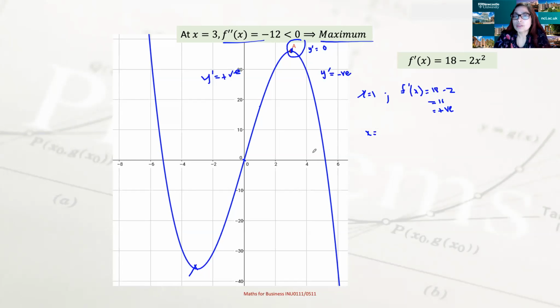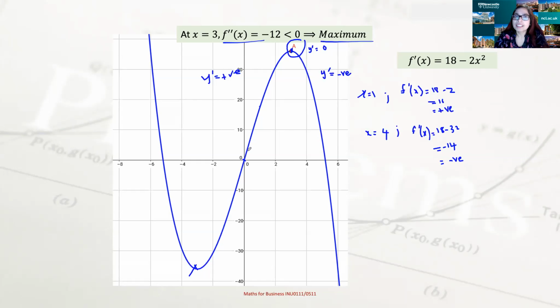You take a point on this side, let me take 0.4. Substitute 0.4 there. So you get 18 minus 4 times 4 is 16, 16 times 2 is 32. So it's going to be minus 14. It is negative. The first derivative or the gradient is negative.